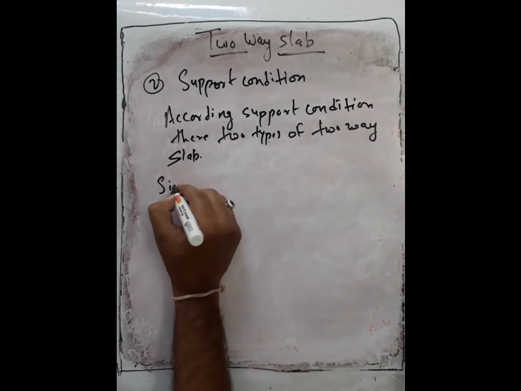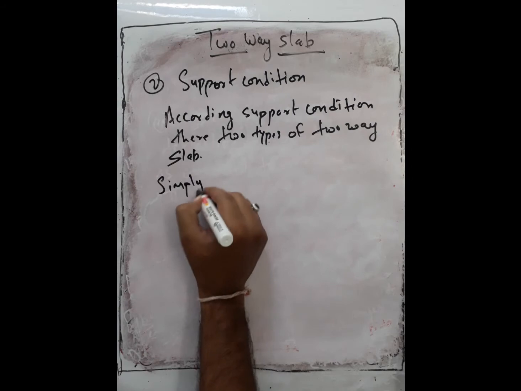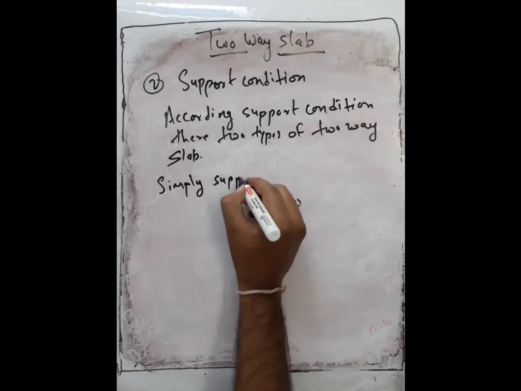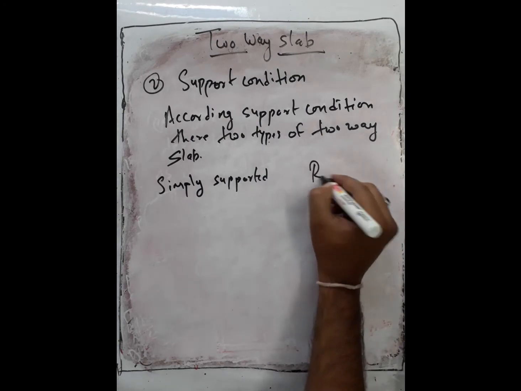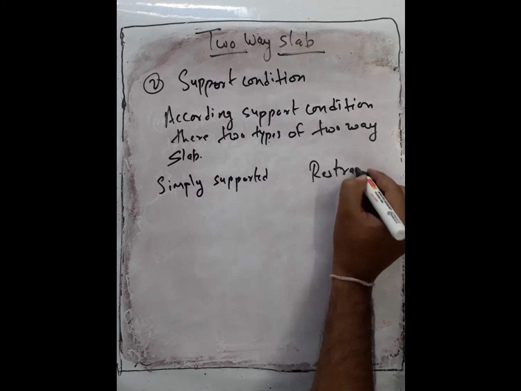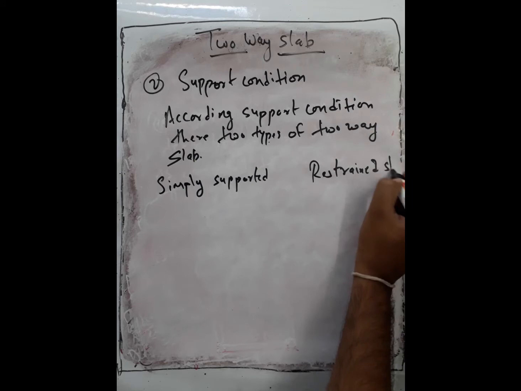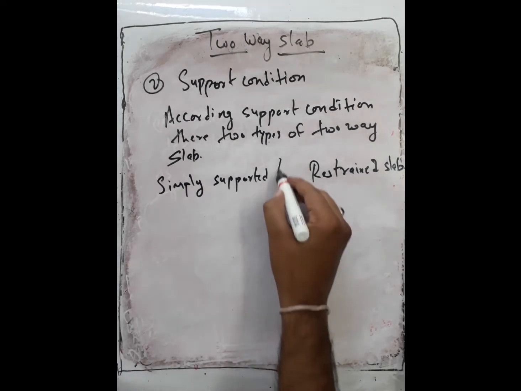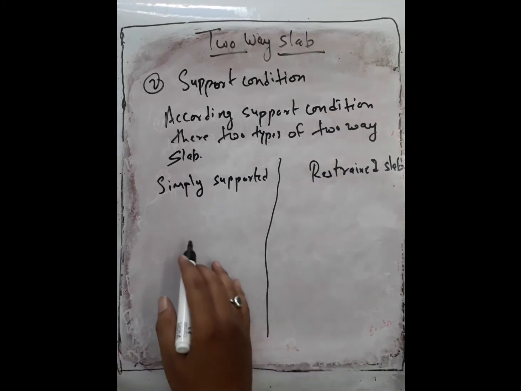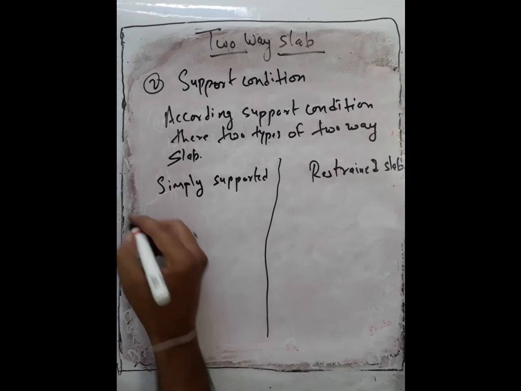One is simply supported and second is restrained slab, means fixed. So here we have discussed some points which we have given for simply supported and restrained slab.